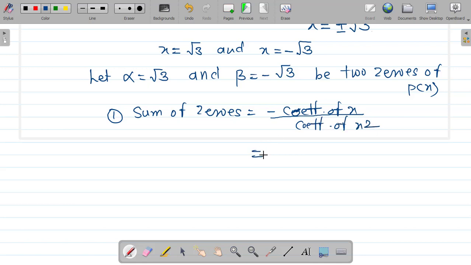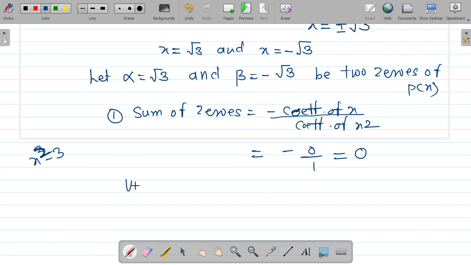So in this polynomial, what is the coefficient of x? The coefficient of x is 0 upon the coefficient of x square. The coefficient of x square will be what? 1. So it is 0.